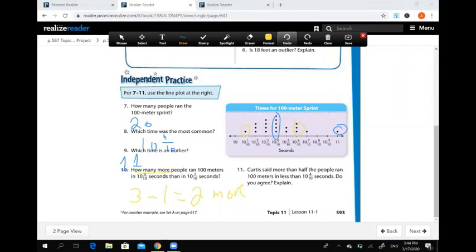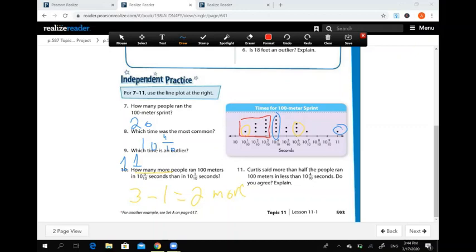Question number 11. Curtis said more than half the people ran 100 meters in less than 10 4 over 10 seconds. Do you agree? He said that more than half the people, all of the people are 20, so half the people are 10. So more than half the people ran 100 meters in less than 10 4 over 10, which means these people.